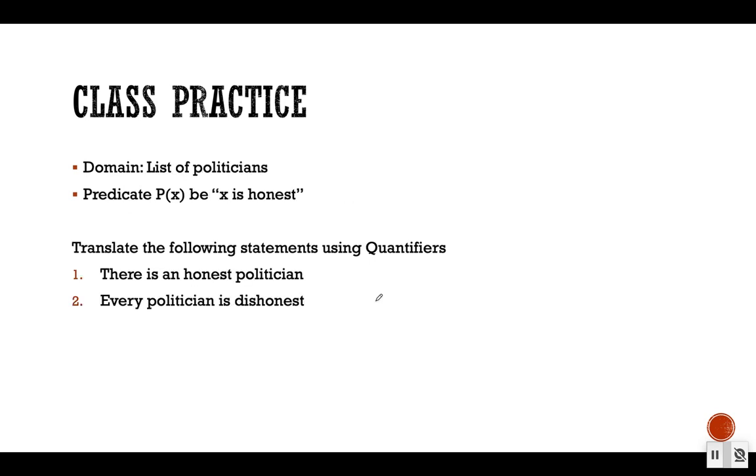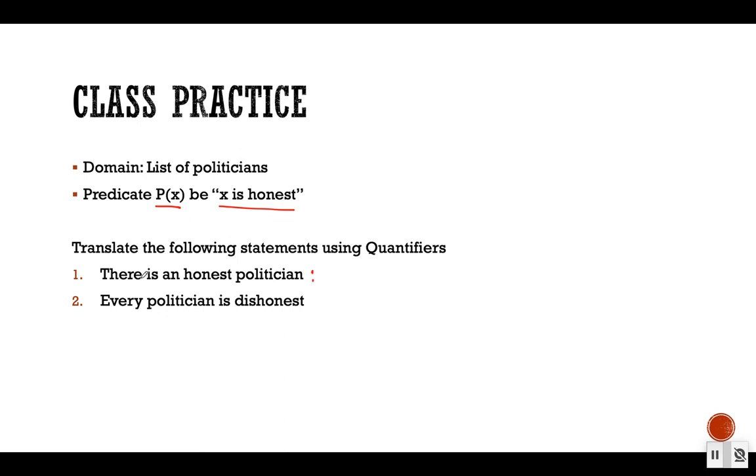So this one says that we have a domain of all politicians, and the predicate p(x) represents that x is honest. We are going to translate the following statements using quantifiers.